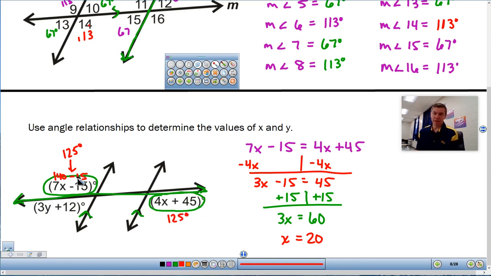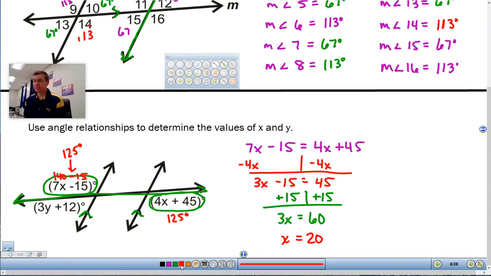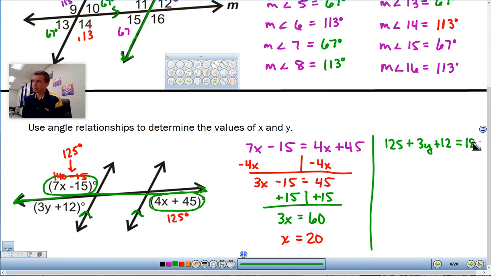But if this one's 125, what should these two angles do? What relationship should they have? Hopefully you recognize that they're a linear pair and they should be supplementary. So 125 plus 3y plus 12 should equal 180. And we should add all that up together to get 3y plus 137 equals 180.